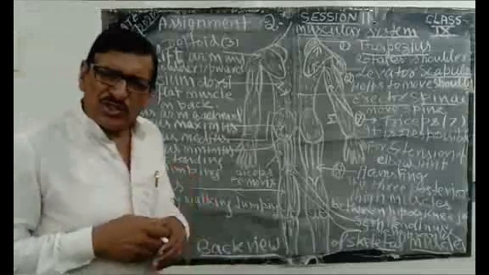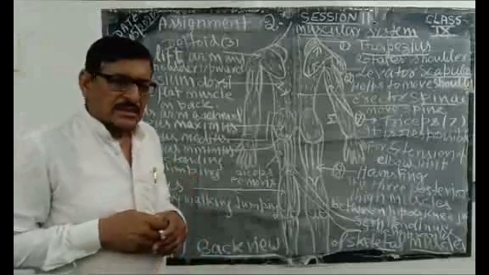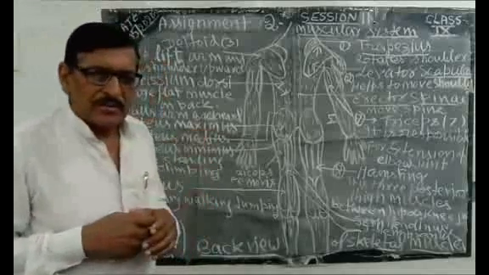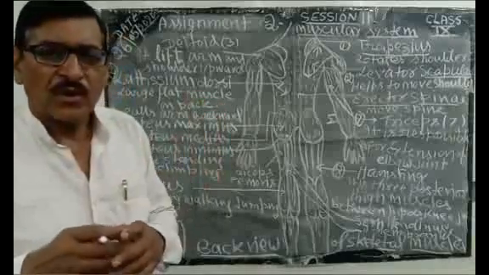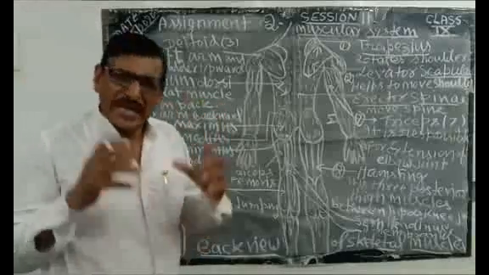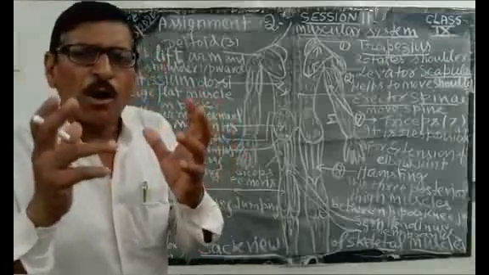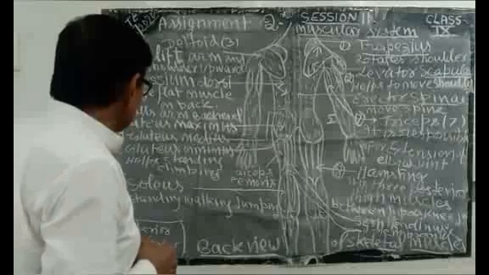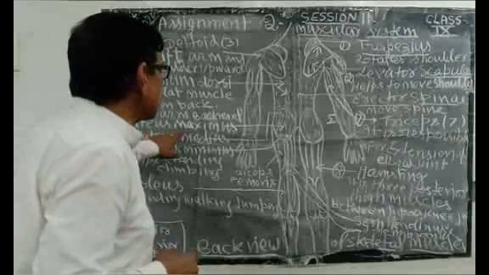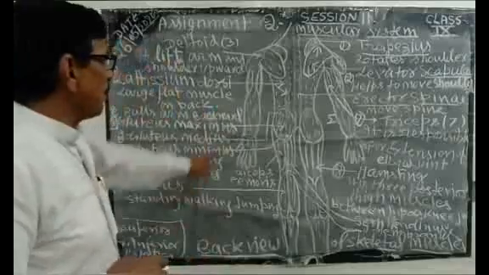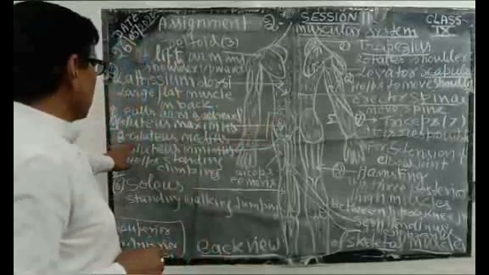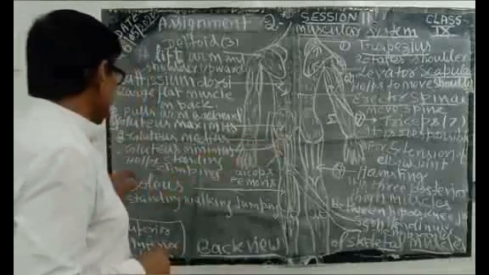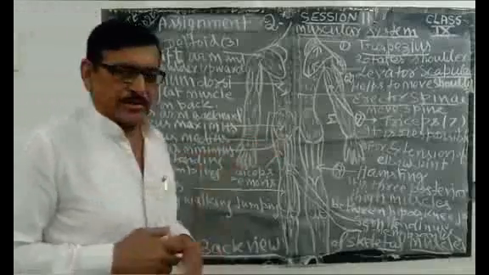We can say about this muscle, gluteus maximus is a group of muscles. We can say again, it is a group of three muscles. The middle muscle will be gluteus maximus, upper is gluteus medius, and lower part will be gluteus minimus.